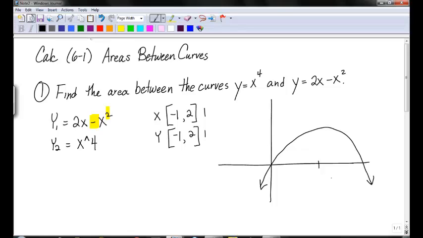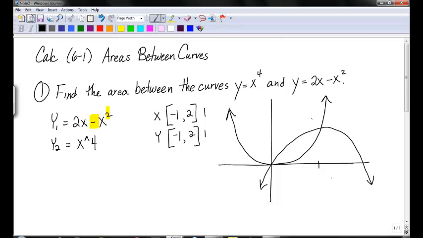Remember that still kind of looks like a parabola, but if it's an x to the fourth, if it's even, it's going to be a little bit flatter down here at the bottom. Something like that.